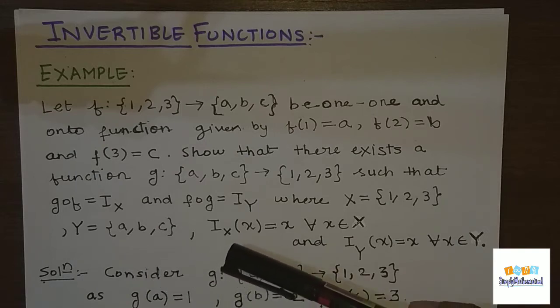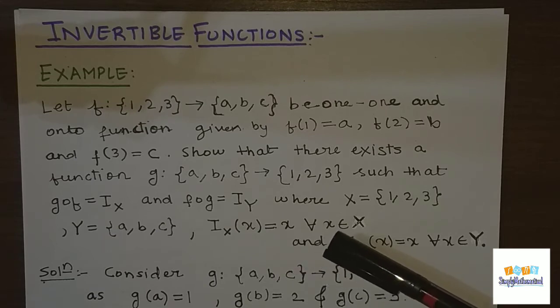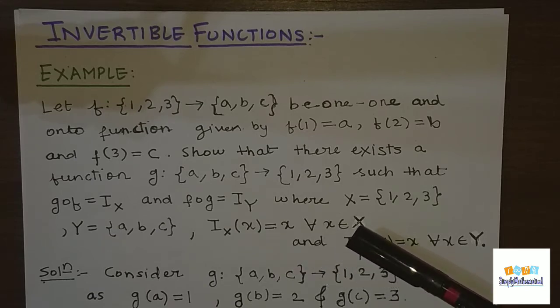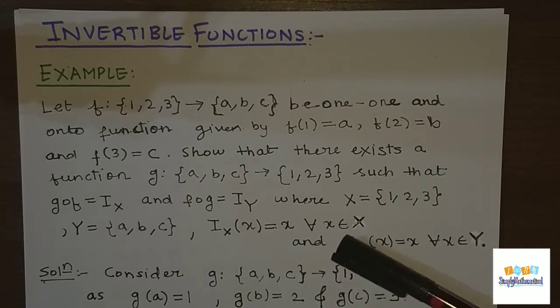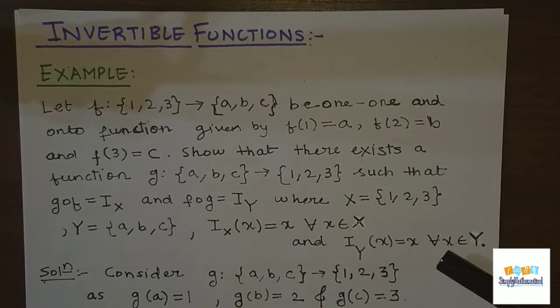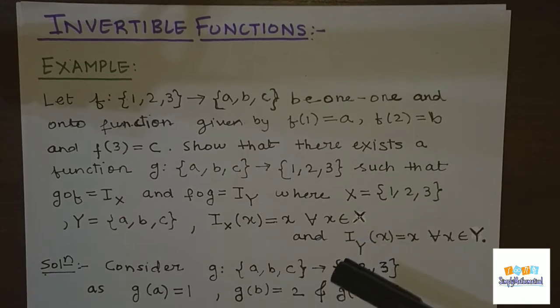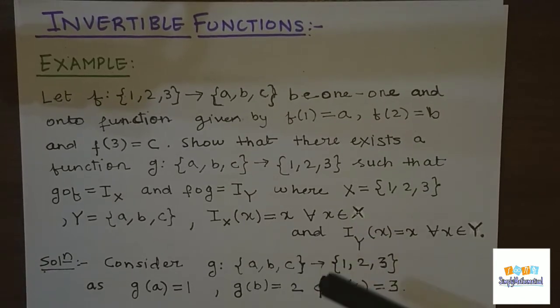I suffix x of x is equal to x for all x belonging to the set capital X, and I suffix y of x is equal to x for x belonging to the set capital Y. So this is the example which is there with us.